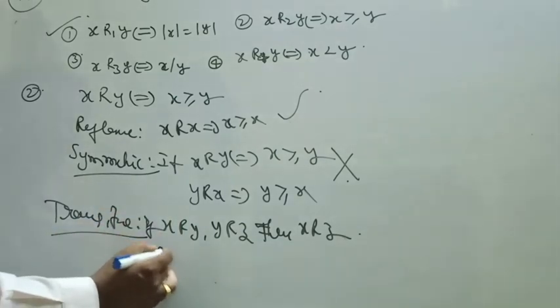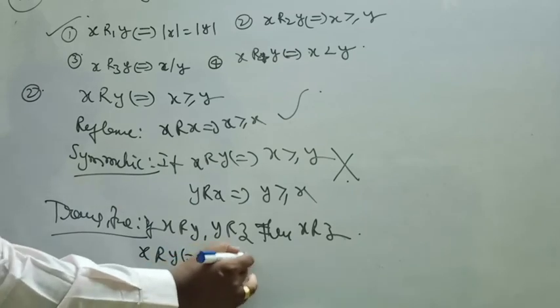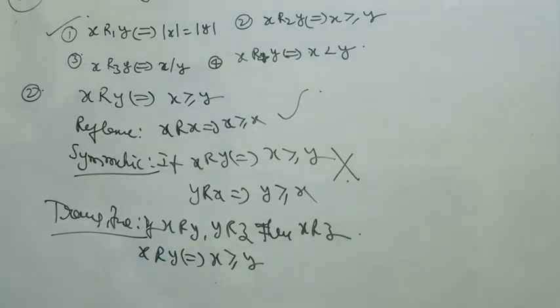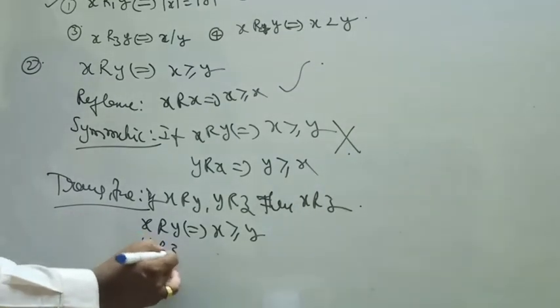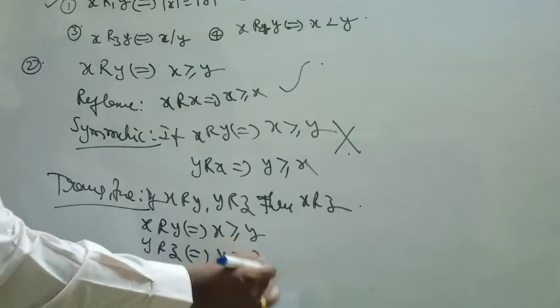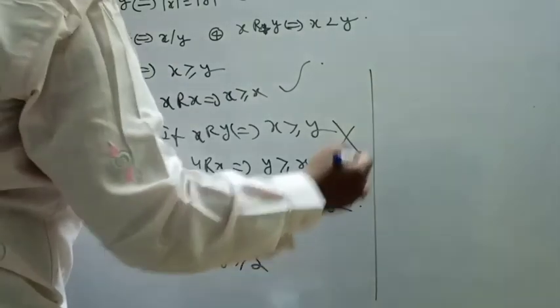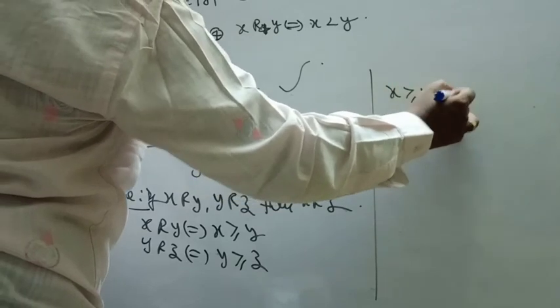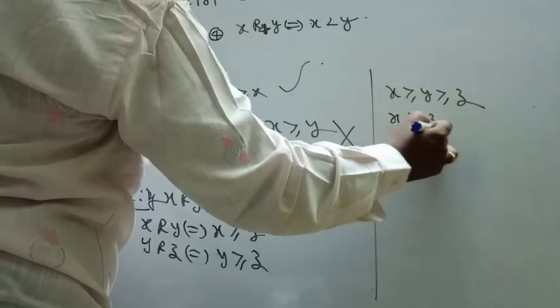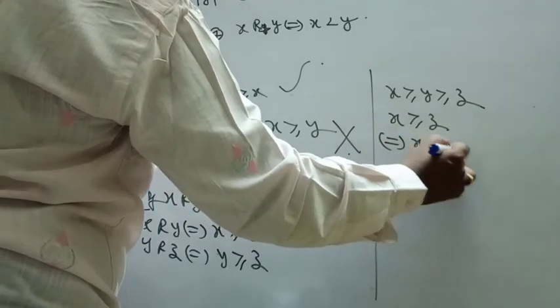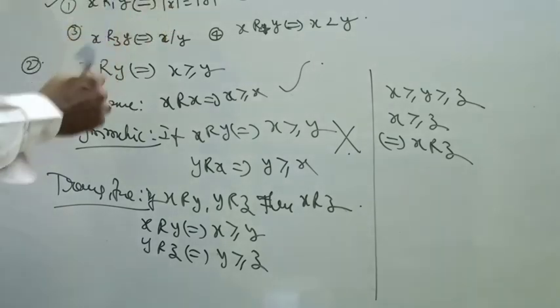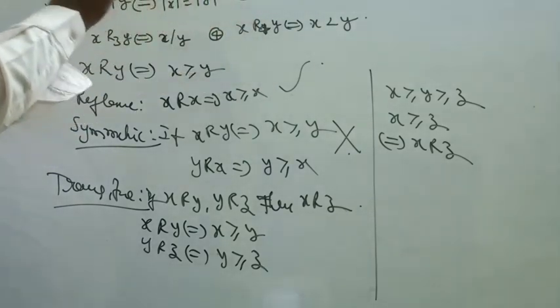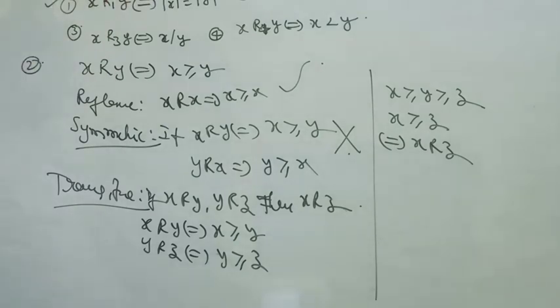X related to Y means X is greater than or equal to Y, and Y related to Z means Y is greater than or equal to Z. By the given things, X is greater than or equal to Y and Y is greater than or equal to Z, so we can say that X is greater than or equal to Z. That means X is related to Z, therefore it becomes transitive. Therefore the second one is reflexive but not symmetric, but it is transitive. For conceptual purpose we can discuss like this.